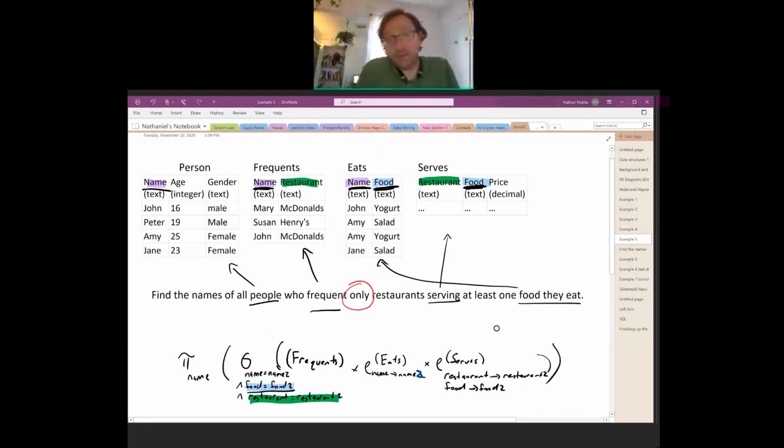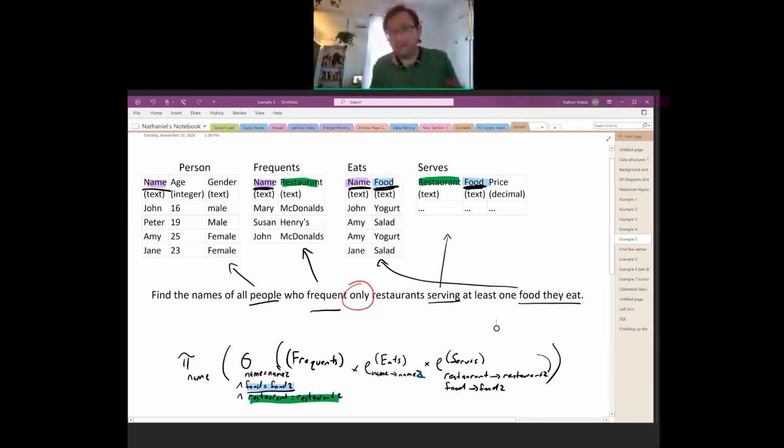So what this is doing, again, for the query, we want people who frequent only restaurants serving at least one food that they eat. That is to say that there's some people who go to restaurants. They frequent lots of restaurants. Some restaurants they frequent, even though they don't serve anything that they like to eat. Maybe they meet friends there or something.